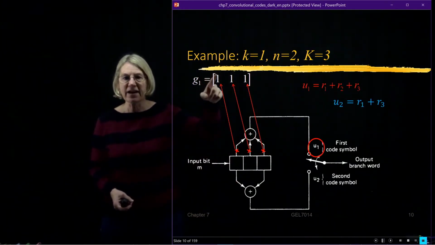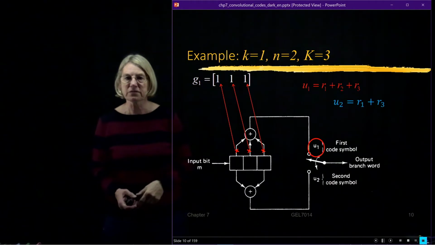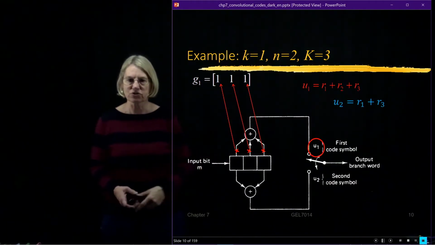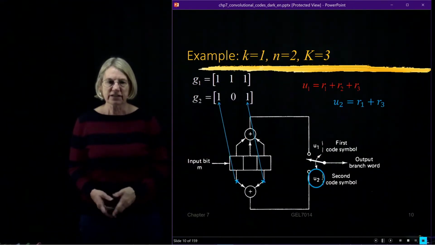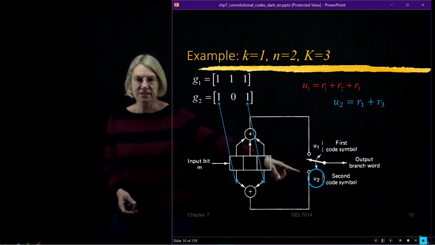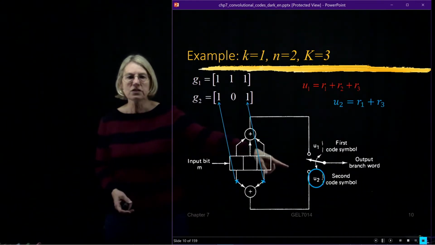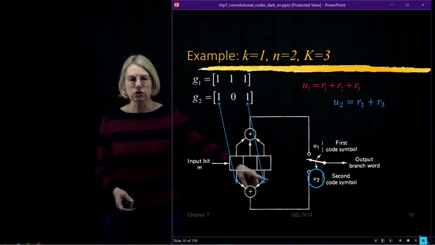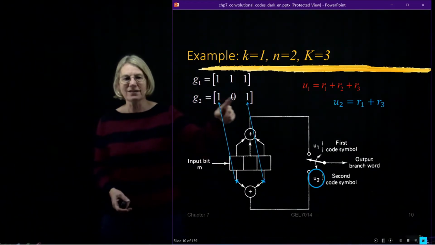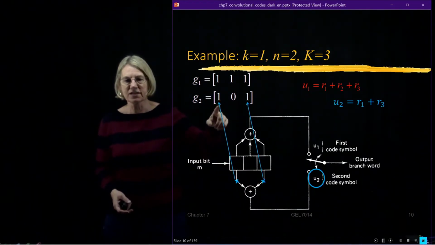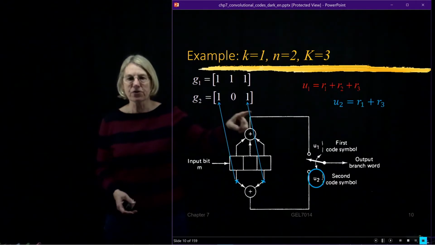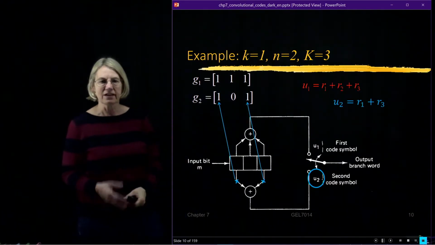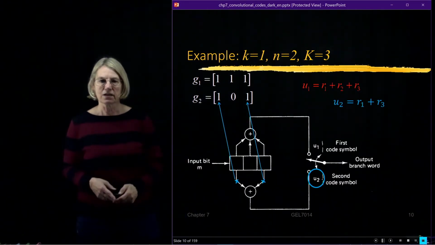Therefore, I write that in a vector, putting a 1 in each one of the positions. So each one of the registers is used. Now, if I look now at the second bit of the code word that's coming out, there's only the 2. So when I write that as a vector, it's 1, 0, 1, because the first is used, not the second, and the third is used in generating the second code bit.